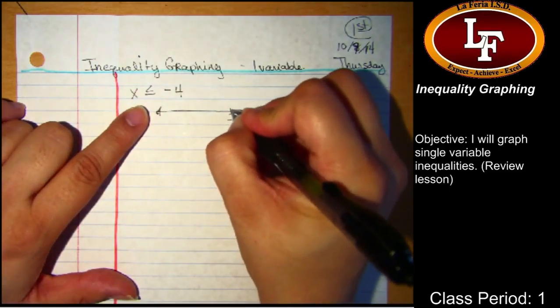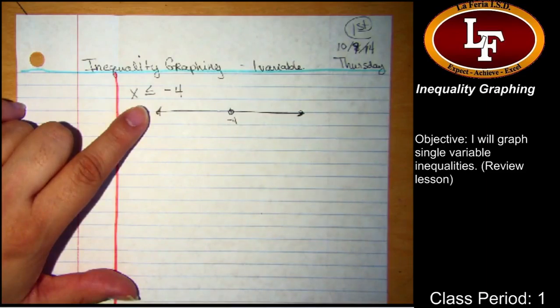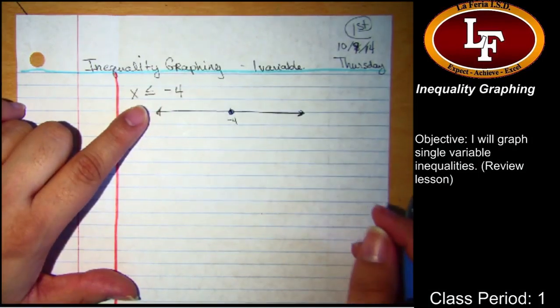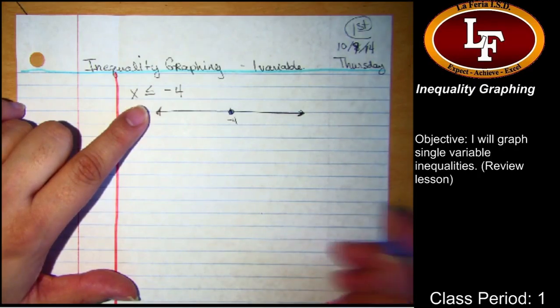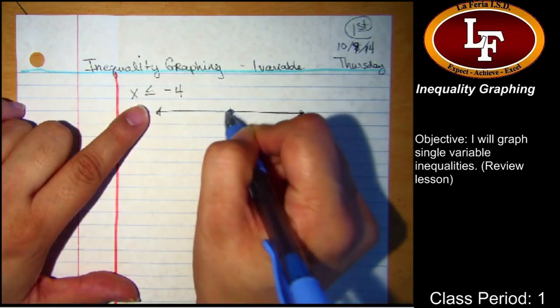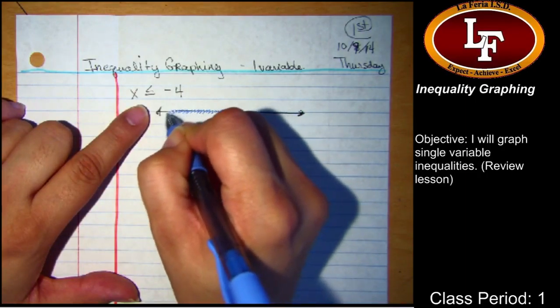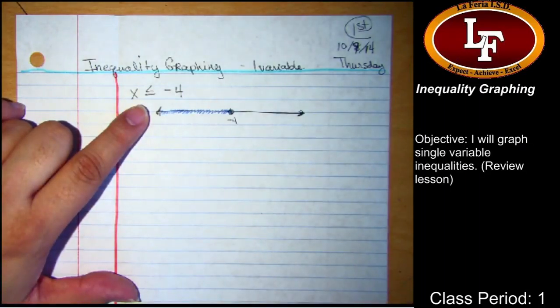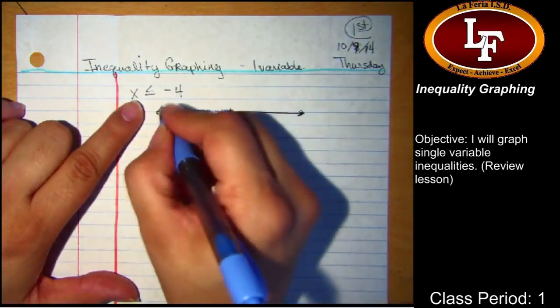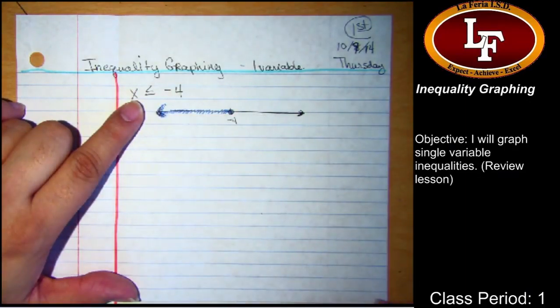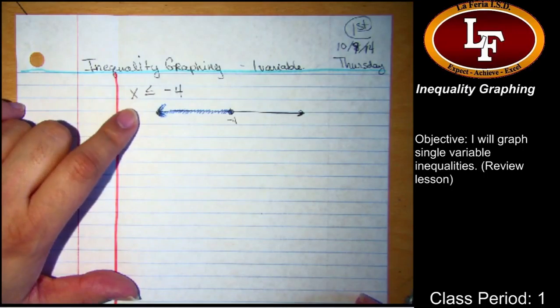So I'm going to put my circle on the -4, but I'm going to color that circle in. Color it in. And now I'm going to shade everywhere that's less than this number. Does that make sense? Darkly or light? Doesn't matter. You just want to give it some sort of shading. There we go. That's everything less than -4. And there's no end, so it's going to continue. So I'm going to make this arrow nice and big and obnoxious, saying that it's going on there. That's it. That's how you graph it.